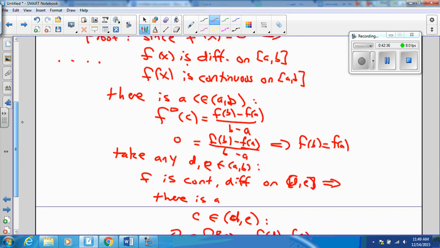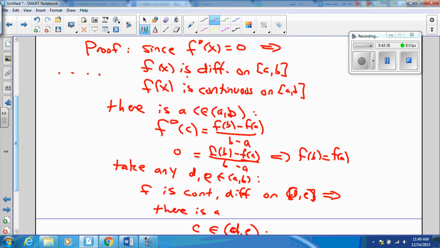Now this proof here has a fair amount of scribbling, but we can express it like this. If I take any 2 points, the average rate of change between those 2 points has to equal the instantaneous somewhere, and the instantaneous is 0. So that by having a 0 rate of change instantaneously, I am forcing the average rate of change to be 0 everywhere as well.